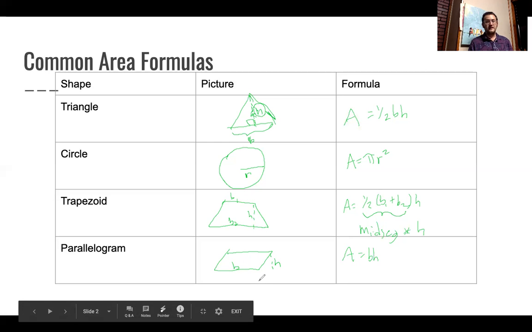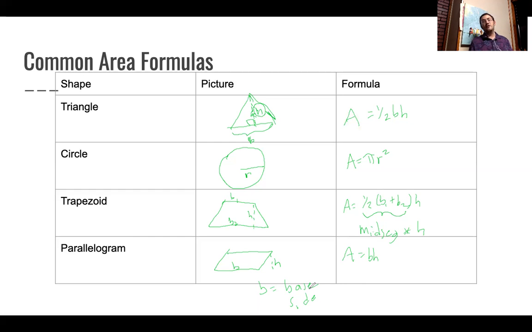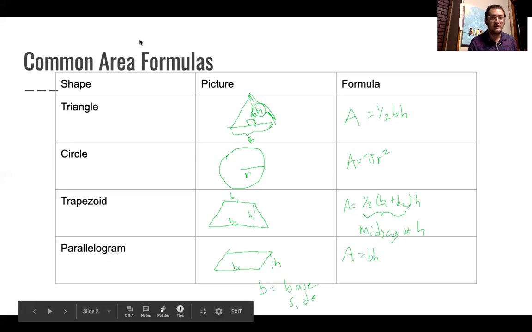So remember, your b, lowercase b, is the base side for all of these formulas. Word to the wise: if you are looking at an area formula and you don't know what the letter stands for, make an effort to think about what that letter stands for, because that's going to help you identify the feature of the shape more easily.